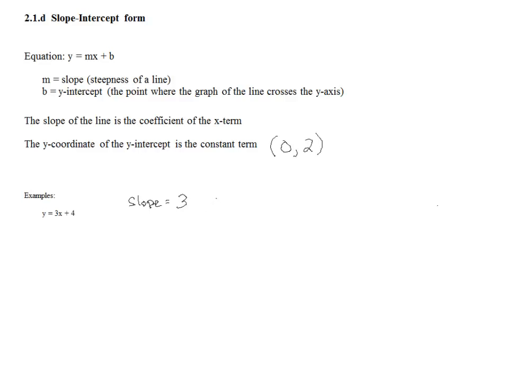And if we're looking for the y-intercept, then we would look for the constant term. And in this case, the constant term that has no variable after it is 4. So it's either 4, or you could write it as (0, 4) if you're going to write an ordered pair.